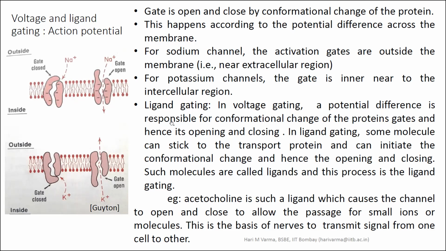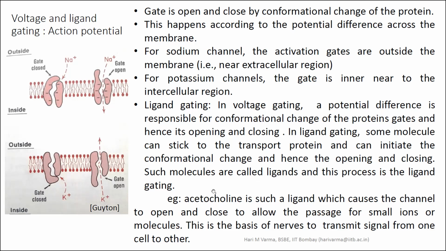Now ligand gating is a different story. Ligand gating means some materials will get attached to this particular gate, which are globular proteins. When it gets attached, it changes what is called the conformation of the protein. Don't worry about those things. Just assume that some materials get attached to this, which causes this door to open so that the sodium or potassium can come in or go out.